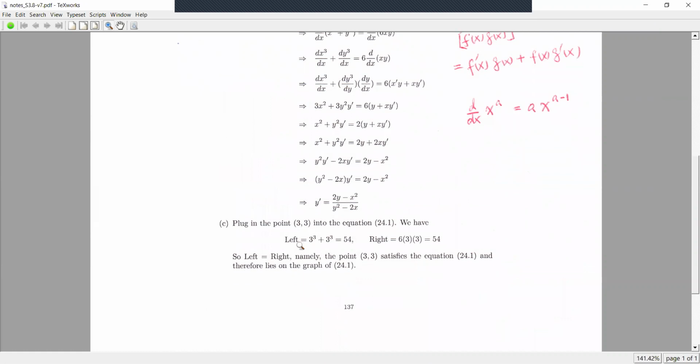Then the left-hand side is 54, and the right side is also 54. So the left side is equal to the right side. Therefore, the point satisfies the given equation, and the point lies on the graph of the given equation.